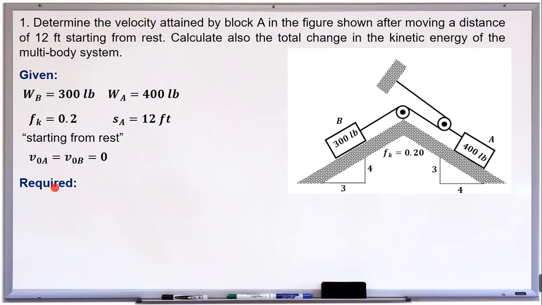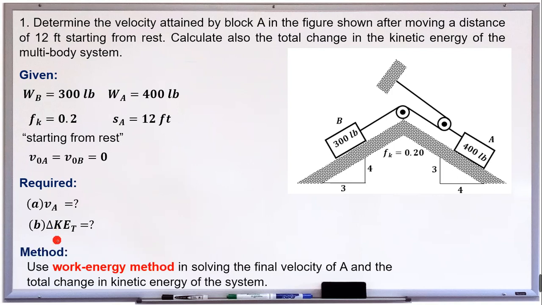Next, we will proceed to the requirements of this problem. These are the requirements. First, we are going to solve for the final velocity of block A after moving a distance of 12 feet starting from rest. And the second one is we are going to calculate the total change in the kinetic energy of the system.